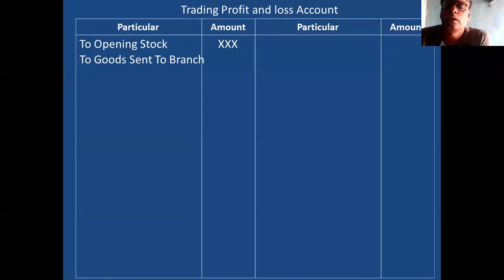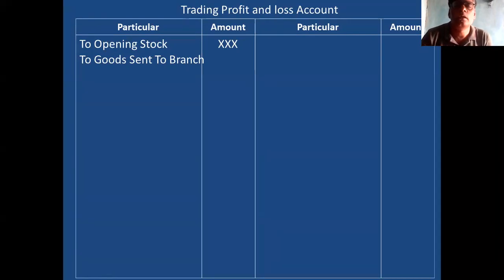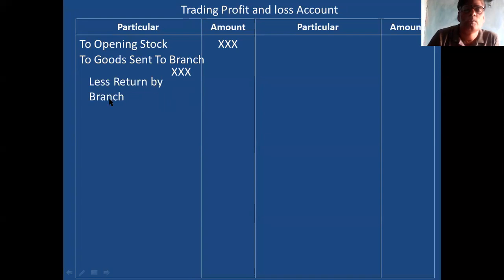Then what is the adjustment in the purchase? Cash purchase, credit purchase. To that you deduct purchase return. Then in this case, you take the goods sent to branch in the inner column and deduct goods returned by the branch. This is very important.